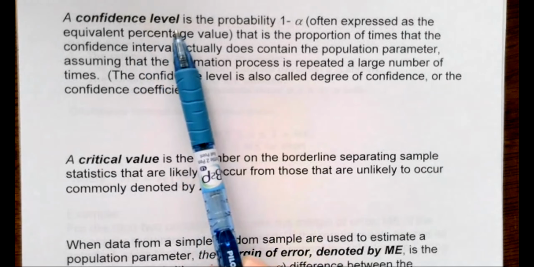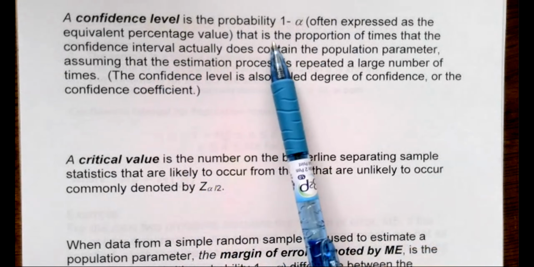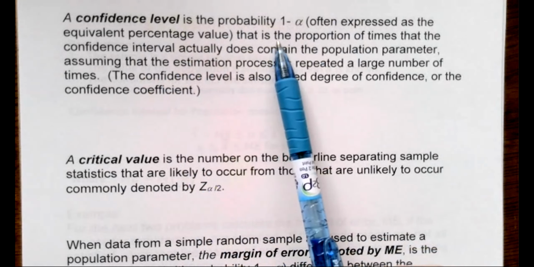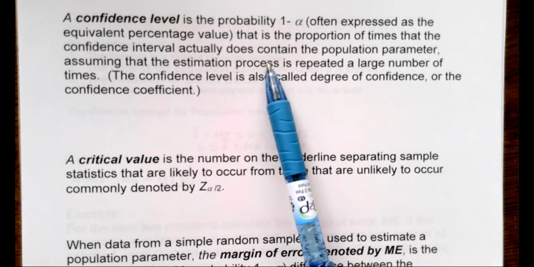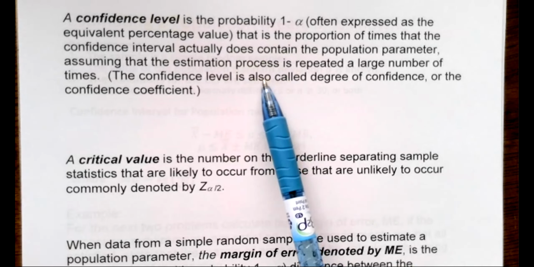Confidence level is the probability 1 minus alpha, often expressed as the equivalent percentage value, that is the proportion of times that the confidence interval actually does contain the population parameter, assuming that the estimation process is repeated a large number of times.